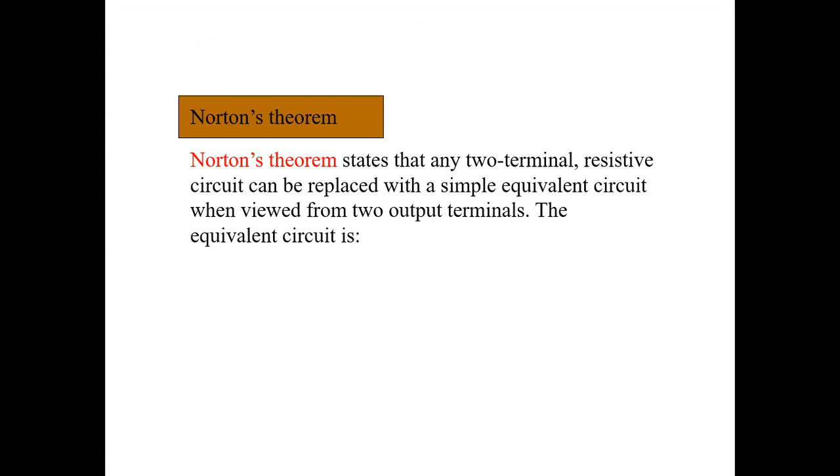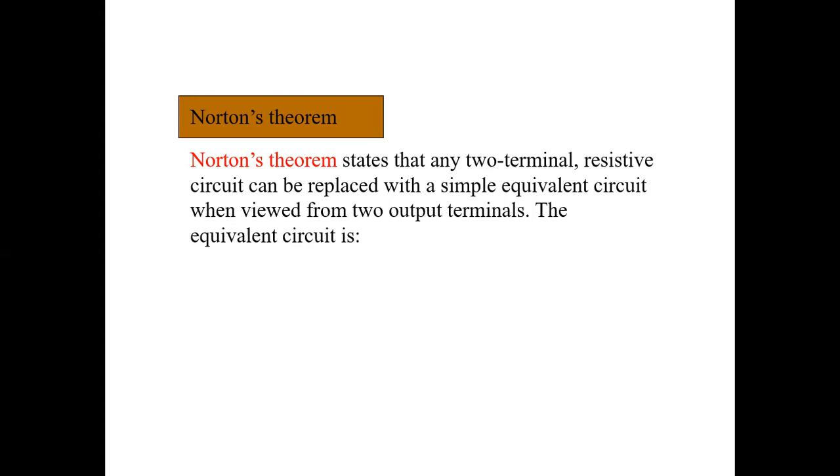Norton's theorem is similar, but here we convert the circuit into a form having a current source and a resistance, and the resistance is connected in parallel with the current source.